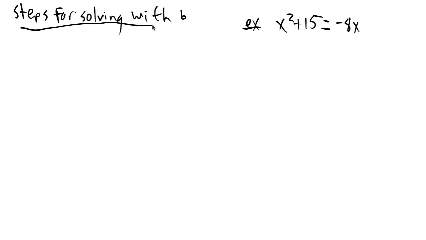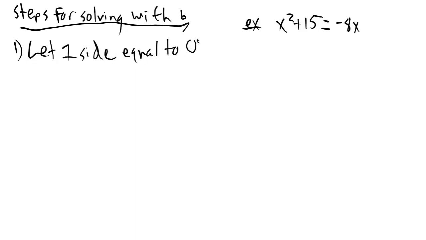Your first step is going to be, you want to get one of your sides equal to 0. So let's go ahead and do that like we were doing when we were solving. We add 8x to both sides. We get x squared plus 8x plus 15 is equal to 0.